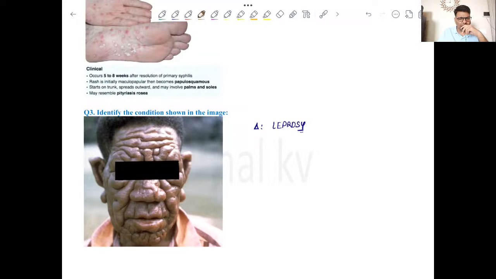But again there is a spectrum of leprosy, starting from tuberculoid, going through the borderline stage, going to lepromatous. Clear? So yes, Shanawaz bhai, the answer is leprosy, but I want you to answer more perfectly. This is lepromatous leprosy, okay?